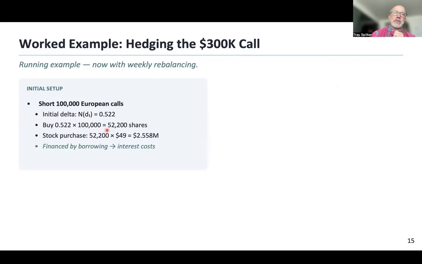And since they are $49 per share, we end up spending $2.56 million. And how do we do that? Well, we borrow this amount, right? And so when we borrow this amount, of course, we're going to incur some interest costs here. So we've got to keep that in mind. So that's the initial setup.